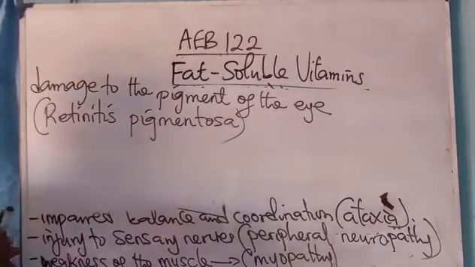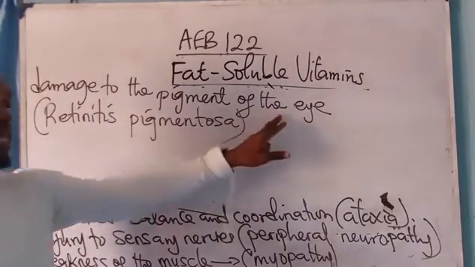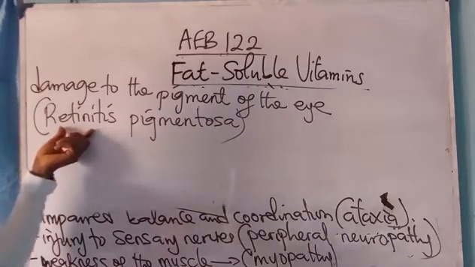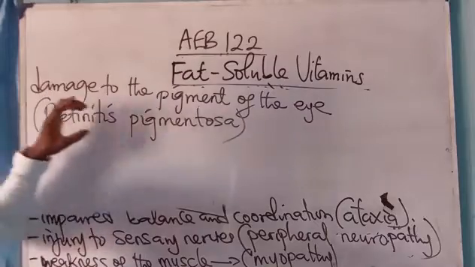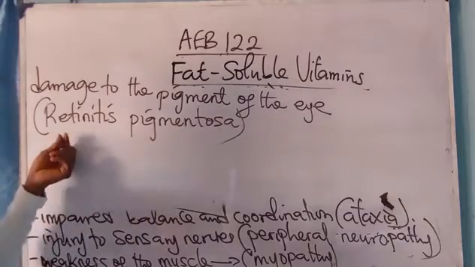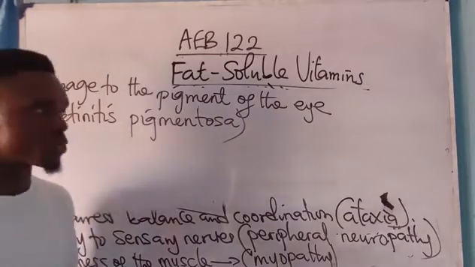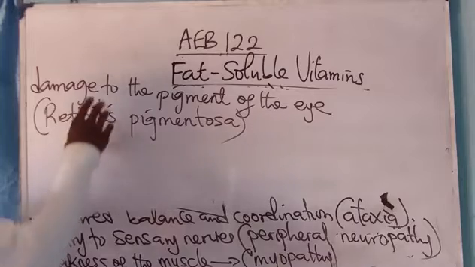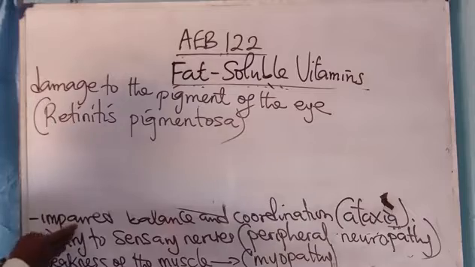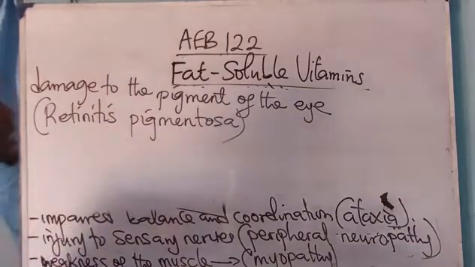All right, a damage to the pigments of the eye. The pigments of the eye, I told us before, are the rods and the cones. All right, the inflammation of the retina of the eye is called what? Retinitis pigmentosa. Now, these are the deficiency symptoms of vitamin E: damage to the pigments of the eye, impaired balance and coordination, injury to the sensory nerves, weakness of the muscle. So these are the deficiency symptoms of what? Vitamin E.